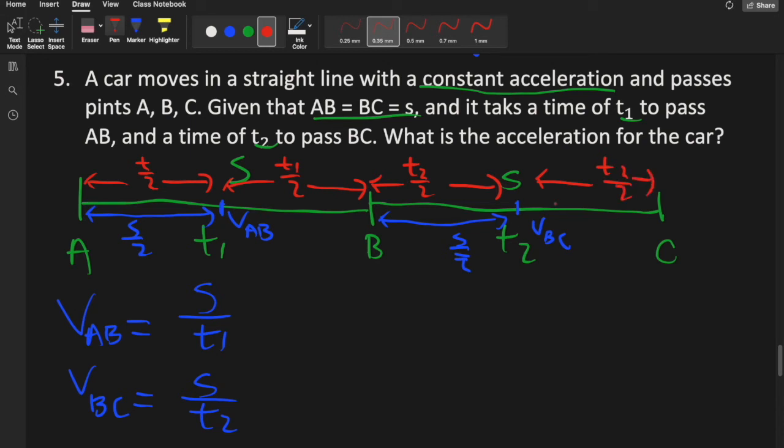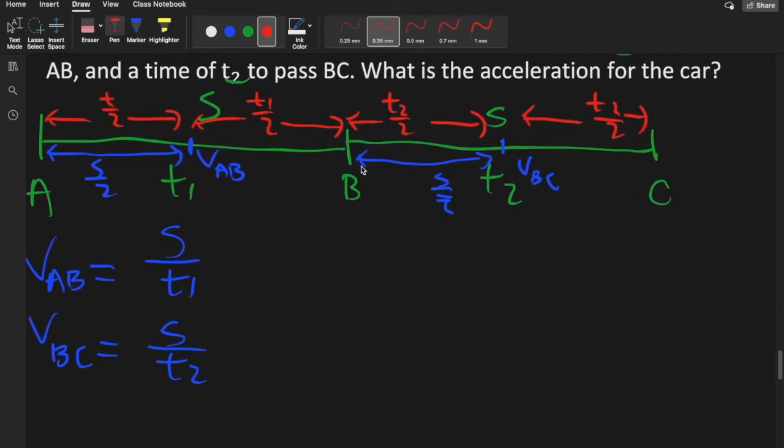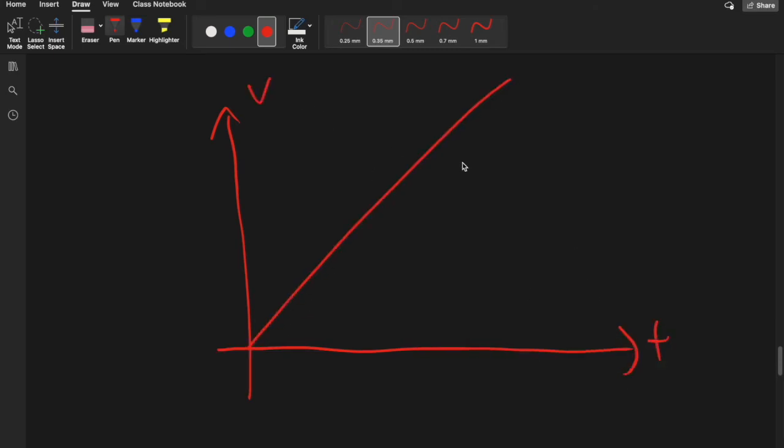Why is the velocity in the middle of the line? It's all because it has a constant acceleration, right? So I will draw a motion diagram to explain this. So here we have our graph for velocity versus time, right? So here, let's say here is our final velocity, and here is our initial velocity.